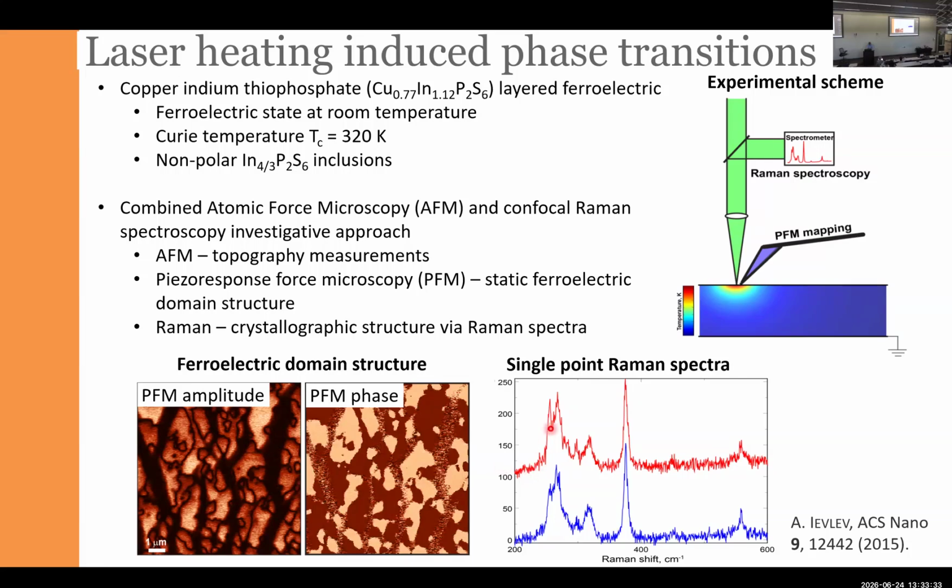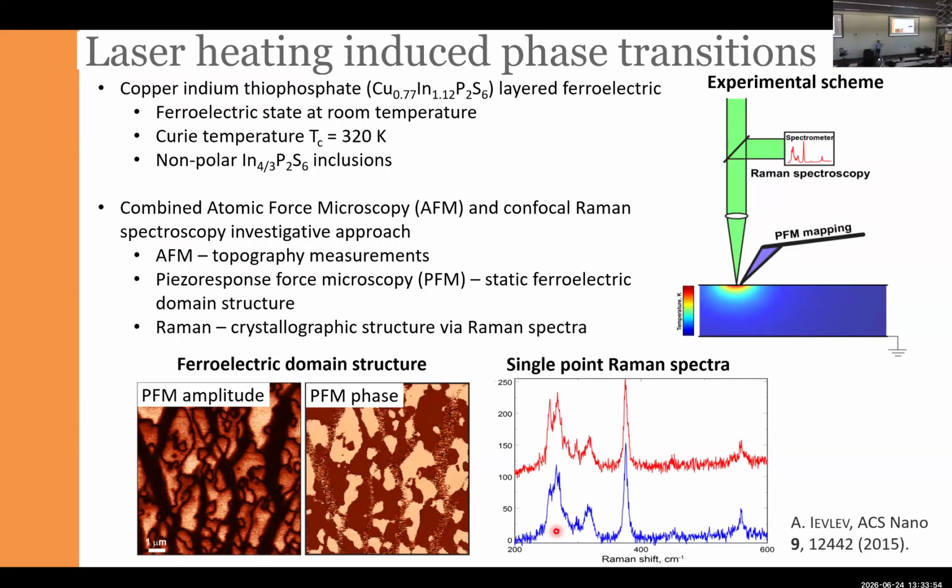Now imagine that we take a Raman spectrum. Think about it like EELS type of information. It's vibrational spectroscopy, but it doesn't quite have the spatial resolution. So we can take these Raman spectra at different temperatures: at low temperature, at higher temperature, at even higher temperature, and so on.